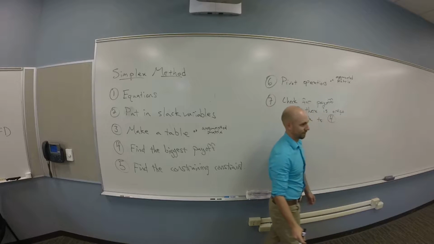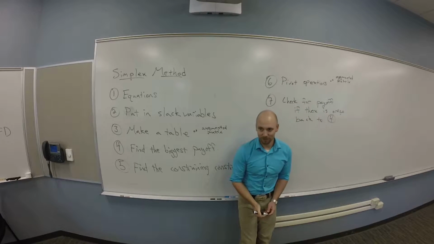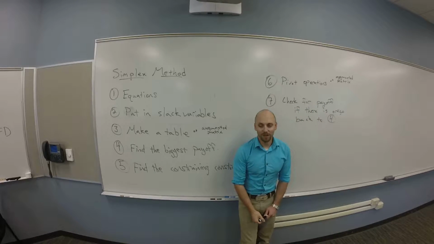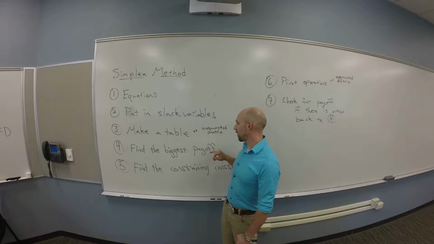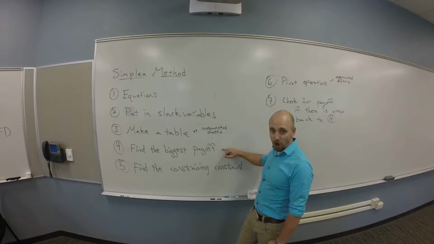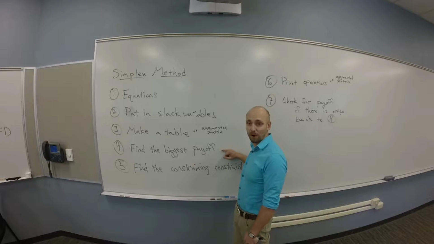You guys cool with this? If there isn't one, what are you? Done. Hopefully done. You guys see that? If you don't find a payoff on step 4, you can be done with the problem. That will never happen.